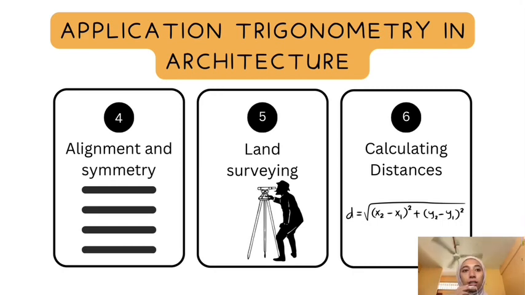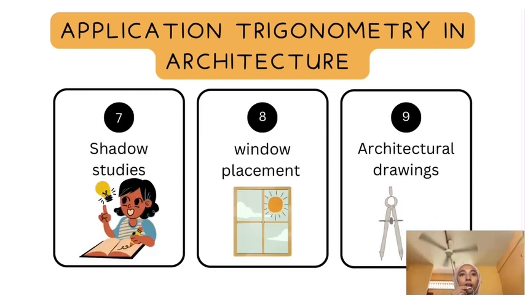And then calculating distance. Architects use trigonometry to calculate distance between points, aiding in creating accurate site plans and layouts. And then shadow studies. Trigonometry is used to predict the path of the sun and shadows throughout the day and across different seasons.